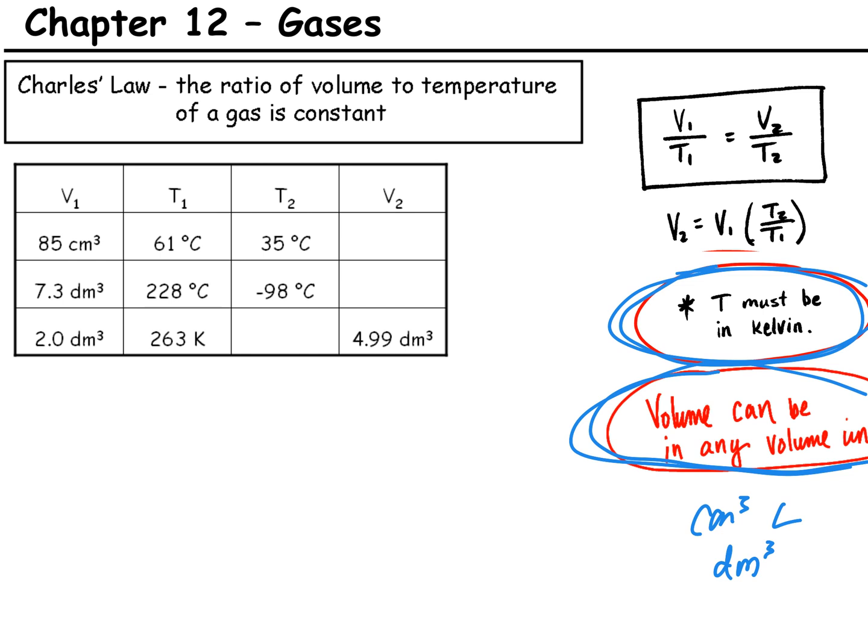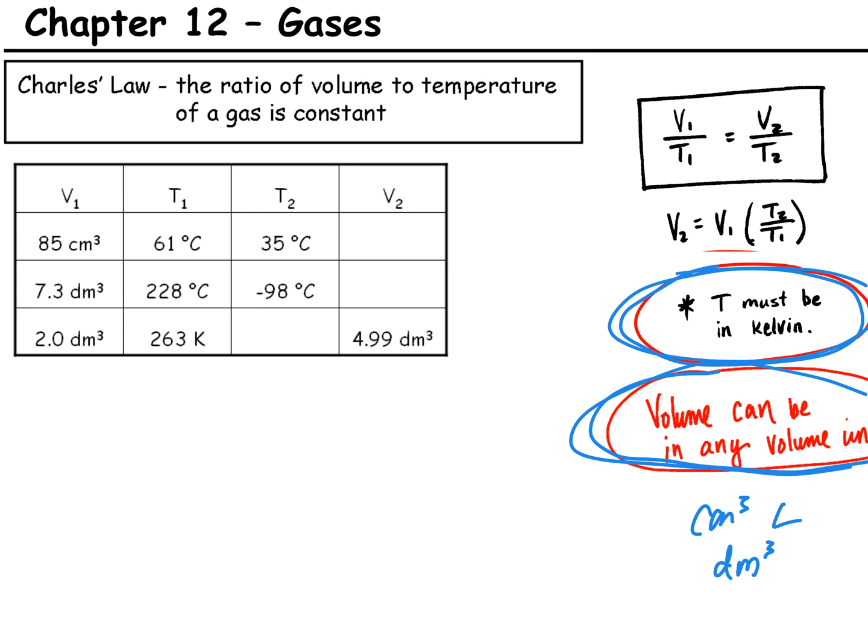In the case of temperature, you could go negative if you're in Celsius or in Fahrenheit, but on the Kelvin scale, we cannot go below zero. That's our absolute scale. So when doing temperatures, we have to convert the temperatures from Celsius into Kelvin. Remember how to do that? We just add 273.